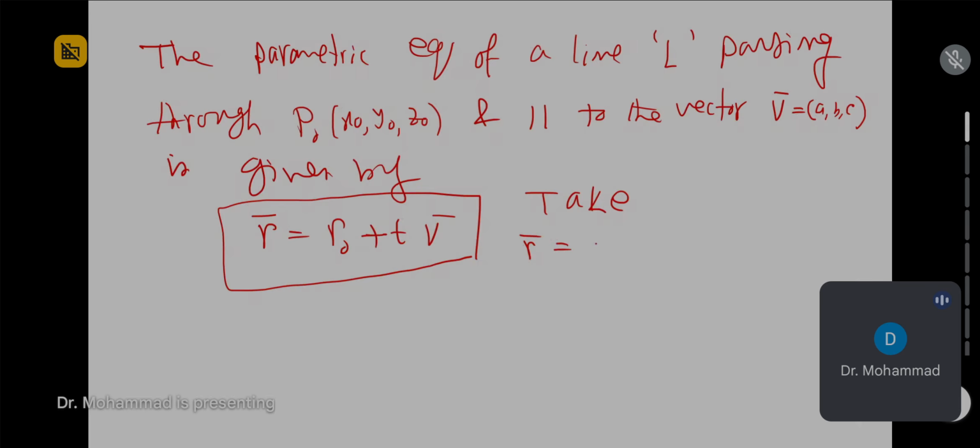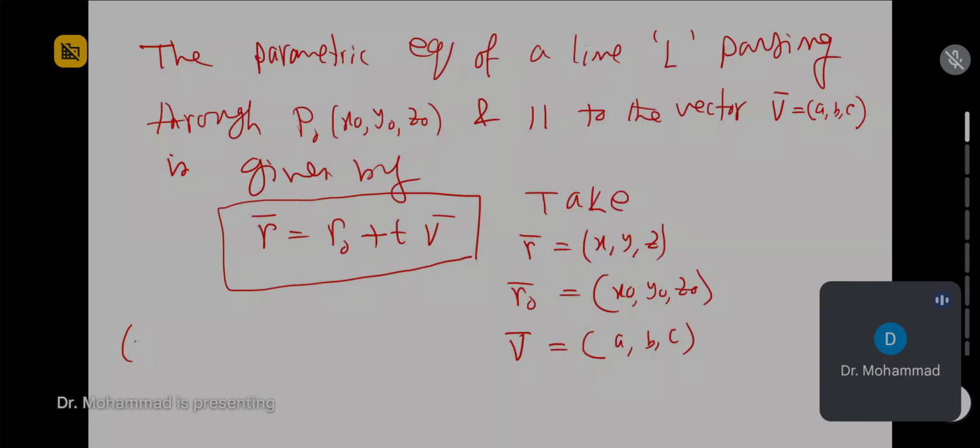Now if we take R equals x, y, z, R naught equals x naught, y naught, z naught, and V equals a, b, c, then we can write x, y, z equals x naught, y naught, z naught plus t times a, b, c.